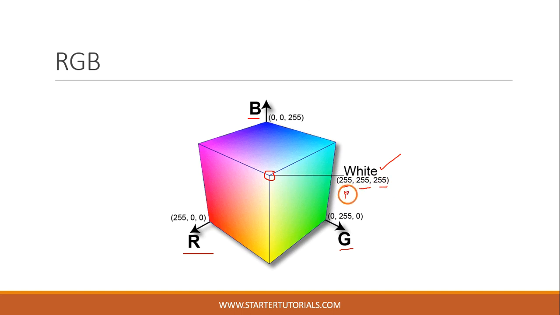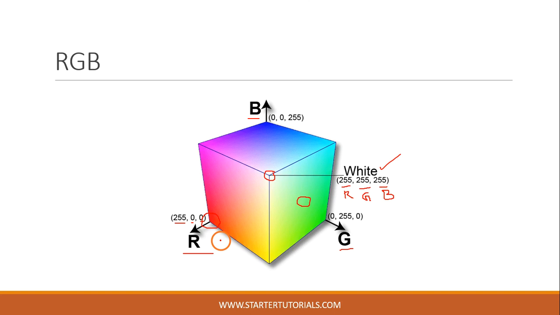The first 255 is red, the second 255 is green, and the third 255 is blue. Similarly, whatever color you take, for example this light green color, is also represented as a combination of different values given to red, green, and blue. If you take this left corner, which is red, the red is 255 and the other two components, blue and green, are 0 and 0.